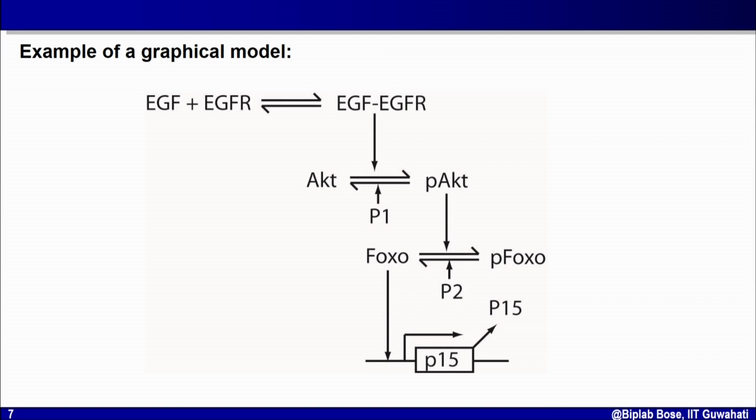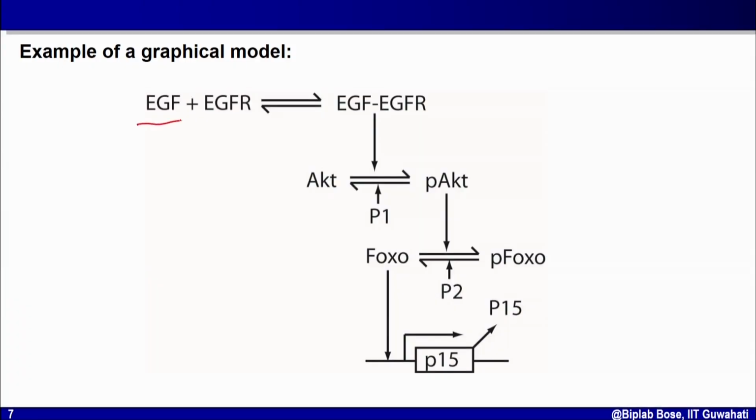Suppose we want to model how EGF controls the cell cycle. We know that in the cell cycle, cells initially remain in G1, then enter into S phase, then G2 phase, then M phase, where the cell divides. This cell cycle, which controls division of the cell, is activated by a signaling molecule like EGF, epidermal growth factor. And we want to model that.